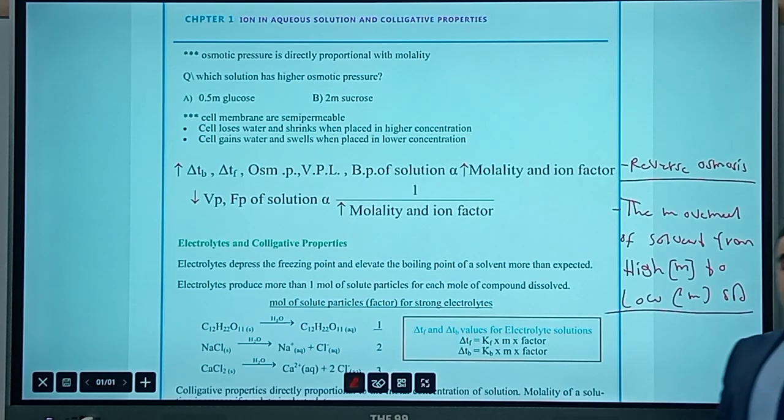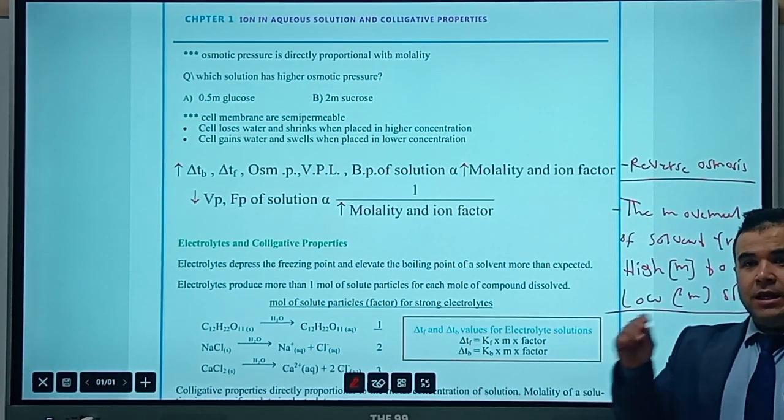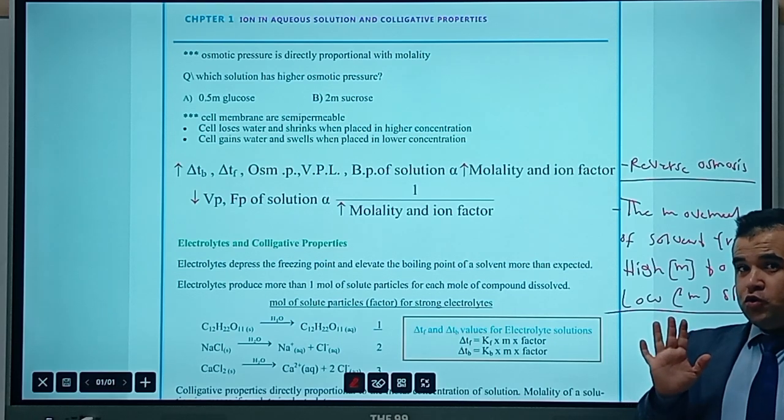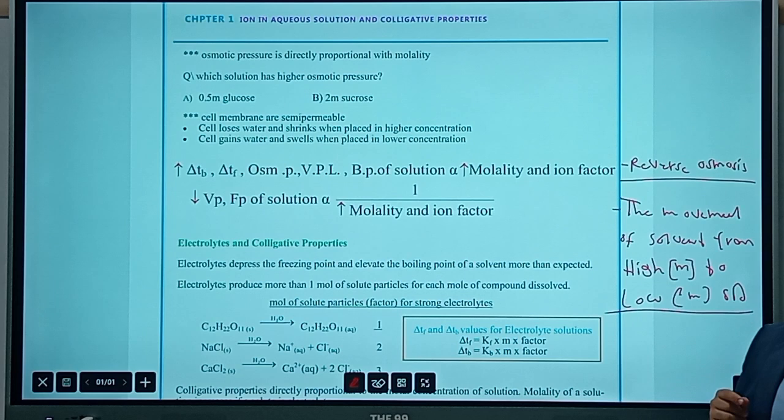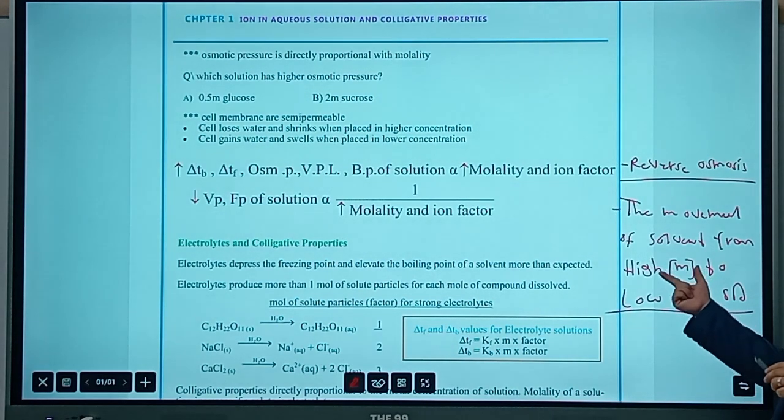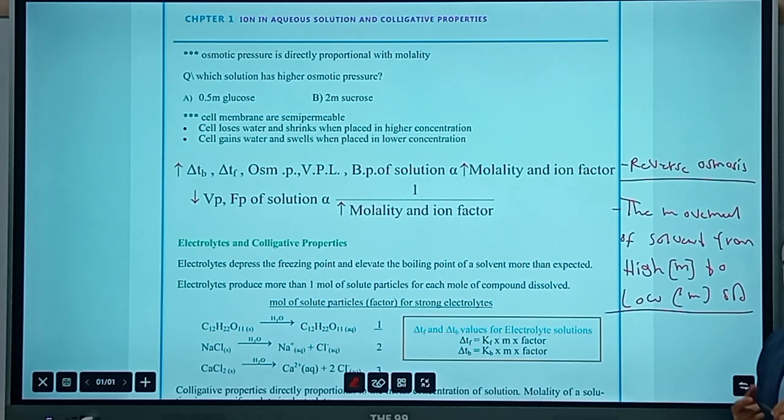Its procedure is just the opposite of the osmosis, because the osmosis is the movement of water from low to high, and here we have the movement from high to low.